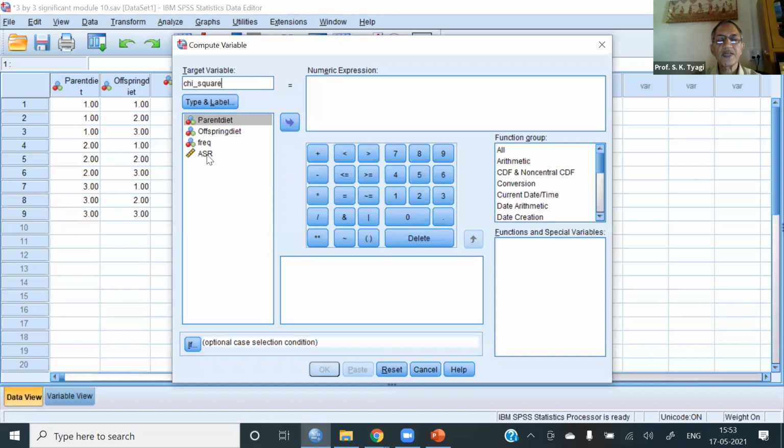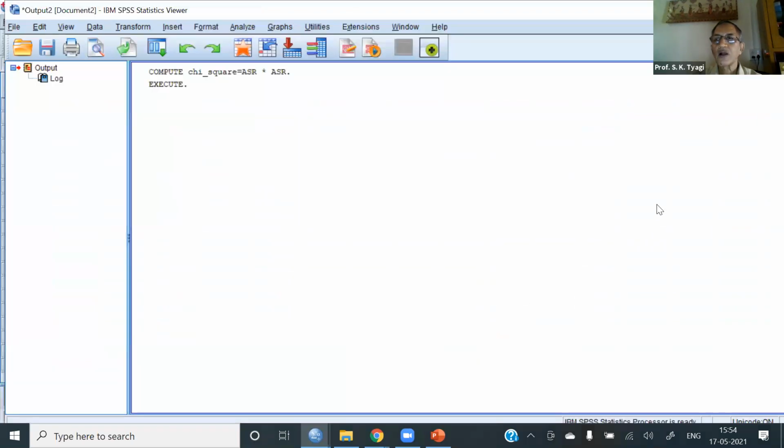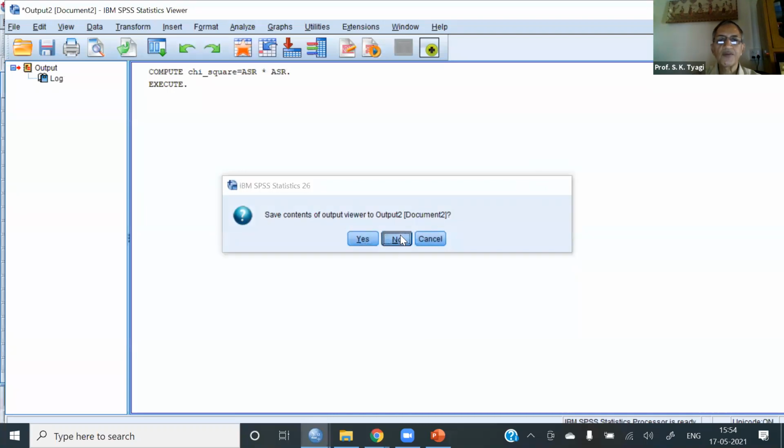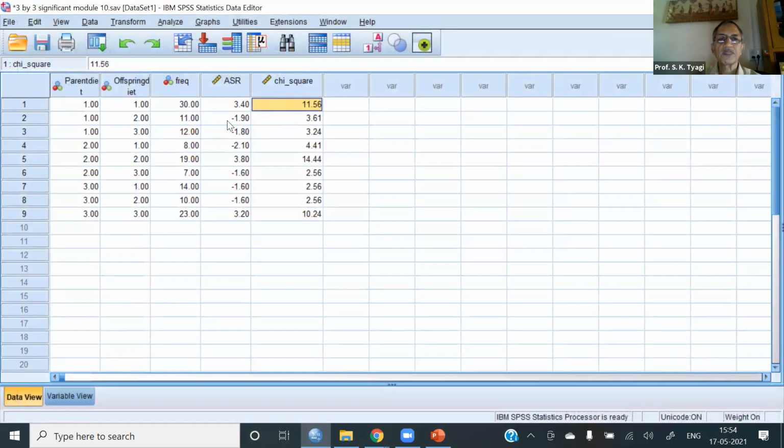Where we are defining chi-square as ASR into, this is multiplied by ASR. Okay. So go to data. We have a new variable. This is 3.4 multiplied by 3.4 is 11.56. 1.9 multiplied by 1.9 is this much. So we get this chi-square.